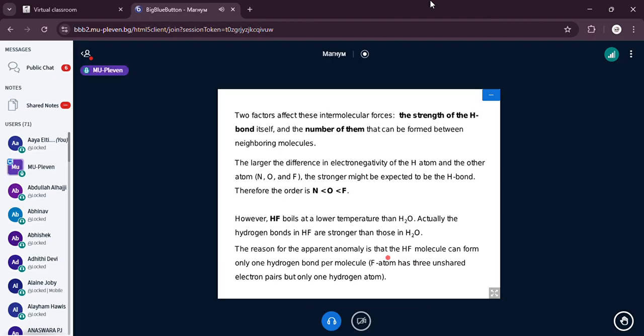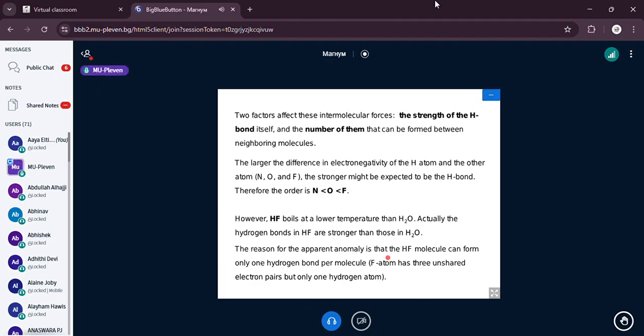If we talk about the strength of the dipole between hydrogen atom and oxygen, nitrogen, or fluorine, obviously the strongest or the largest dipole will be when we have fluorine, the most electronegative atom. And let us give again the example we used last time. Hydrogen bonds between molecules of hydrogen fluoride, and molecules of water.